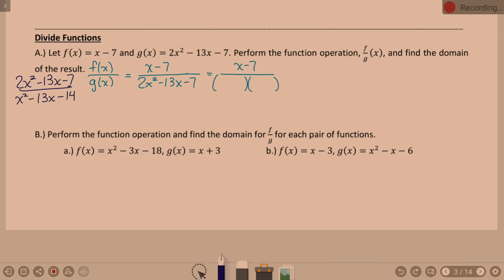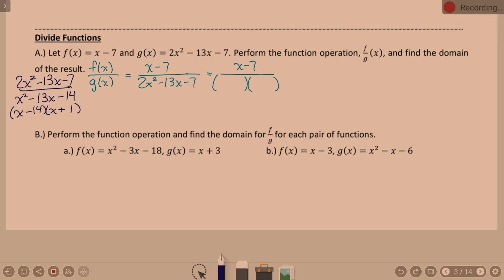2 parentheses, right? X squared is x times x. What multiplies to be negative 14 and adds to be negative 13? 14 and 1. Negative 14 plus 1. And then because it was slip and slide, what do you have to do?